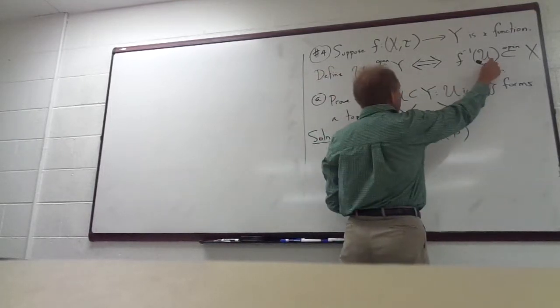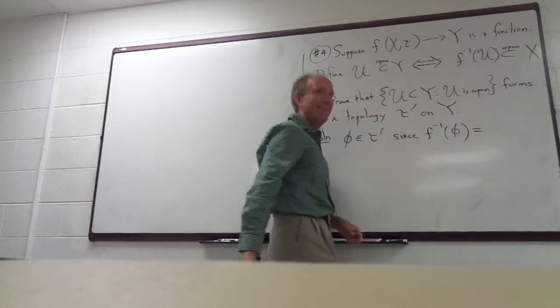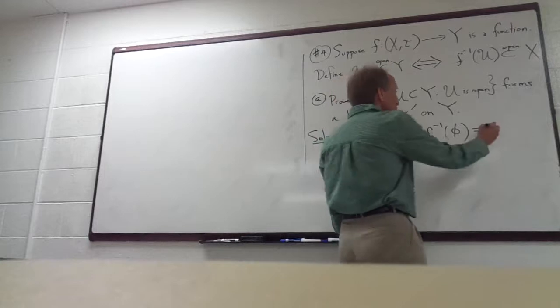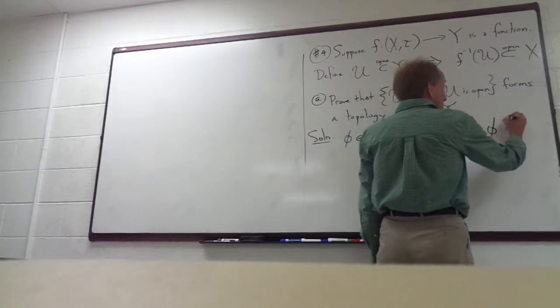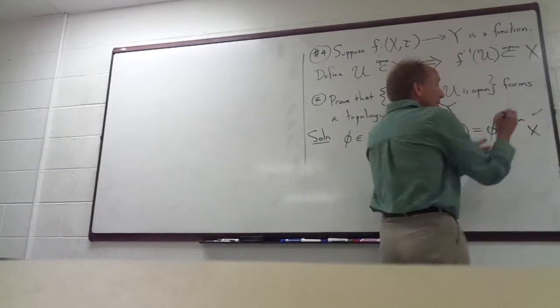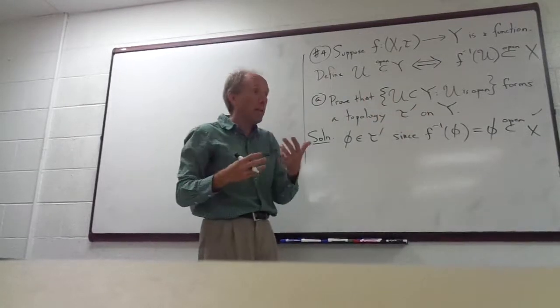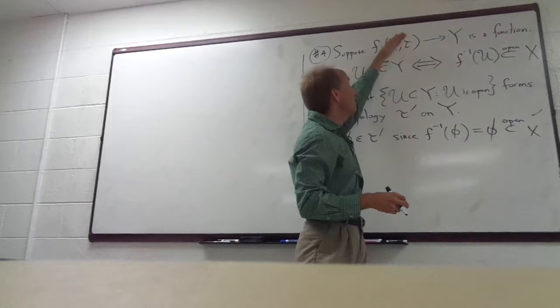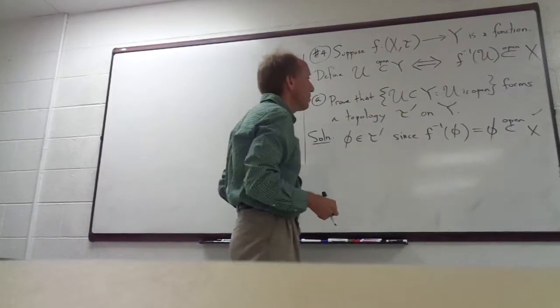I'm putting in the empty set right here. Nothing can map to the empty set, so this is just empty, and that is open in X. Because remember, we already have a topology on X that we're assuming. So the empty set is open in X, it's in the topology tau.